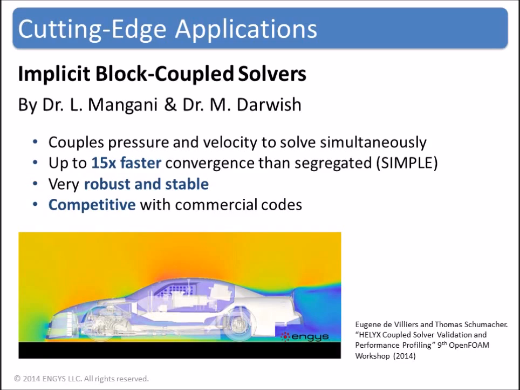This is a methodology that couples pressure and velocity, and it can solve up to 15 times faster than a segregated SIMPLE approach. It's extremely robust and stable, and it is competitive with commercial codes. There's some presentations out there which compare the work by Mangani and Darwish with other commercial codes.